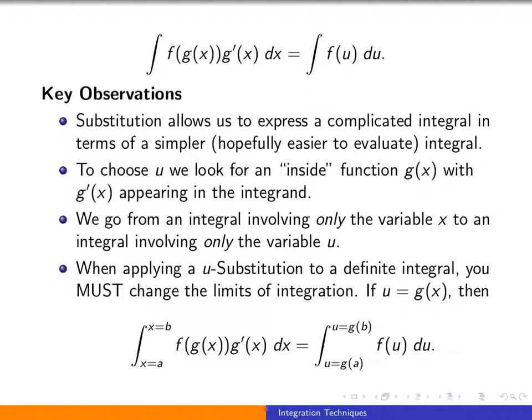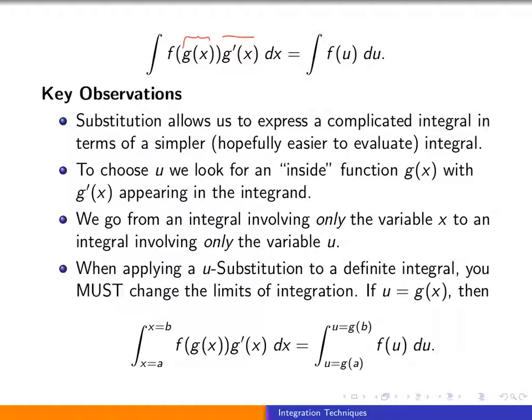The indicator for when it's a good idea to apply this u substitution method is, as we mentioned on the previous slide, this function derivative pair appearing. So we see the function g of x, which is inside, and then we have g prime of x appearing outside of that function f. That is a great indicator that we might want to try a u substitution.